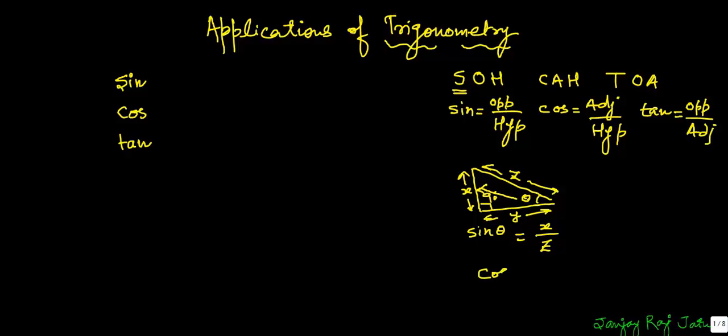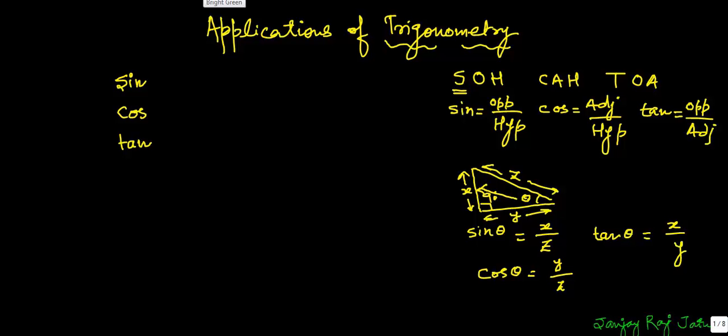And cosine of theta in this triangle will be adjacent, which is y, divided by hypotenuse, which is z once again. And tangent of theta will be equal to opposite, again x, divided by adjacent, that is y.